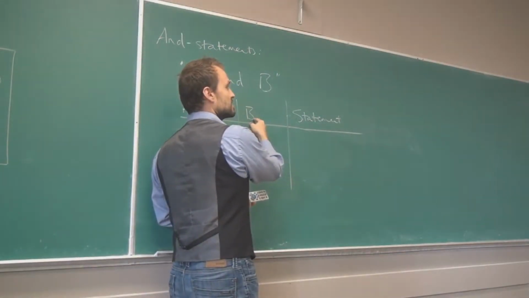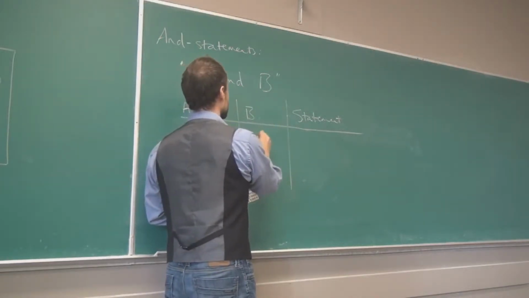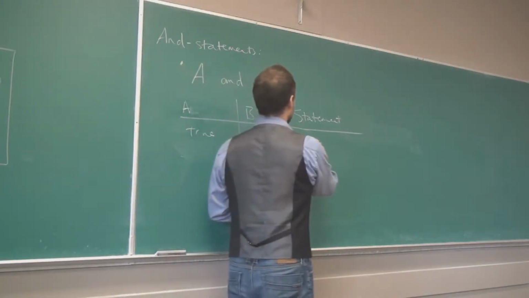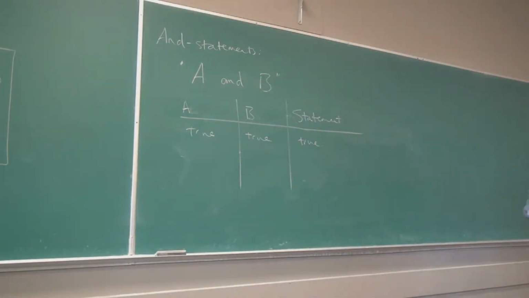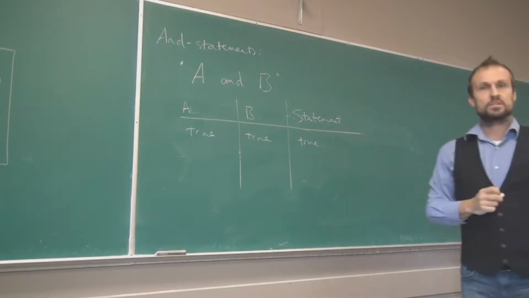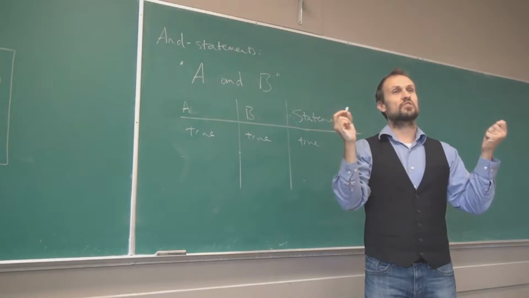I said I had a piece of chalk in my hand, as the second part of my statement, that was true. And you said the whole thing is true. Okay? Now I'm going to say the following. I have a remote in my hand and I have a piece of chalk in my hand.